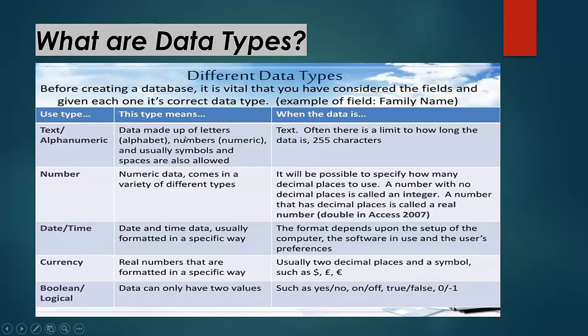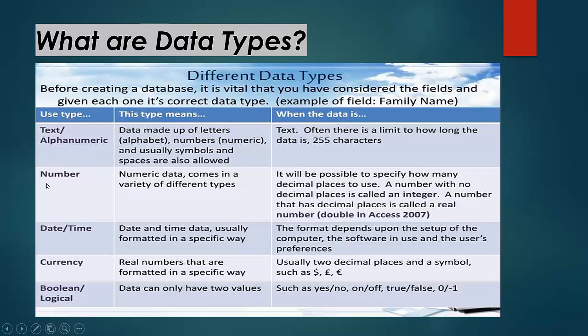It's data made of letters, numbers, and symbols, and it can also include spaces and specific symbols. Often there is a limit on how long the data can be, up to 255 characters. So this is for the text.